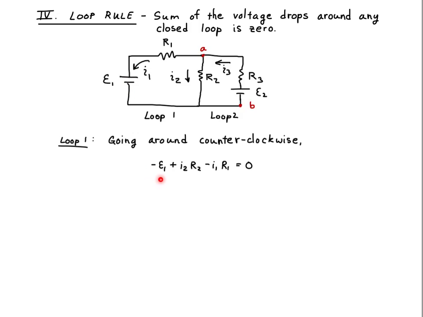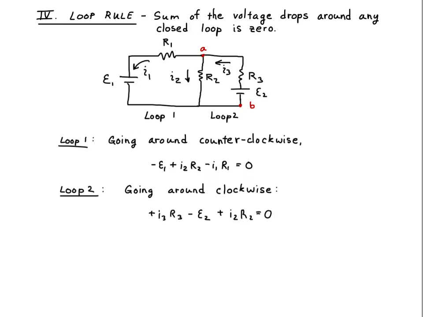That's why I have a minus E1 here, right? And then as I go up, I'm going against the current. So instead of the usual minus I2R2, I have a plus I2R2. And then as I go along here, I'm going with the current, so I have a negative I1R1. And that, since it's around the loop, must equal 0.